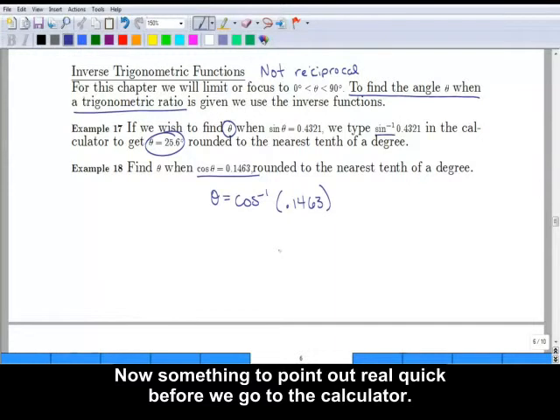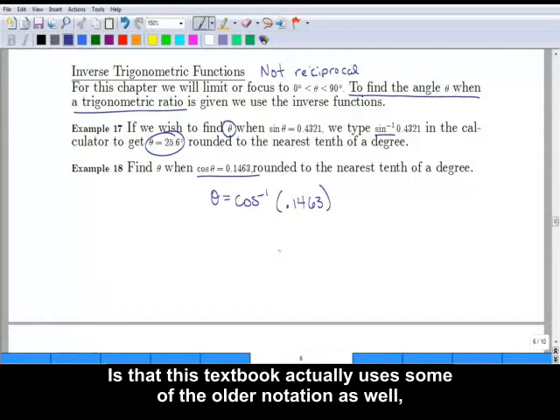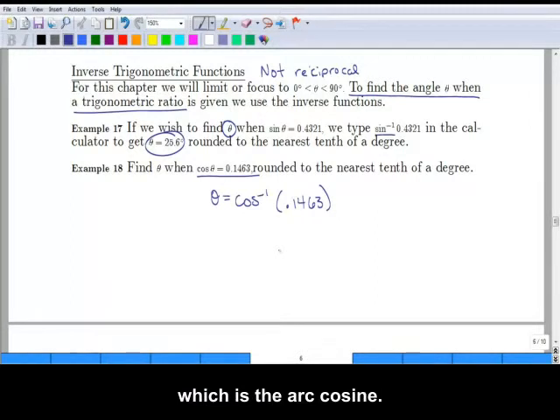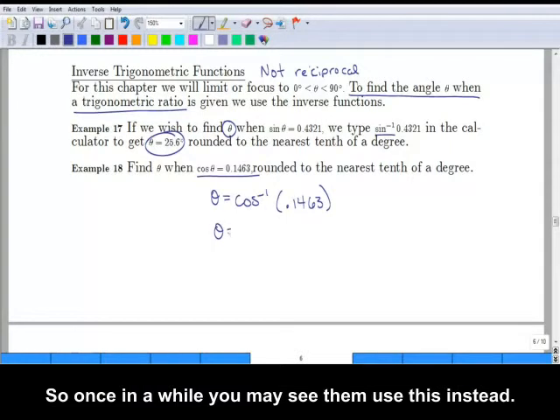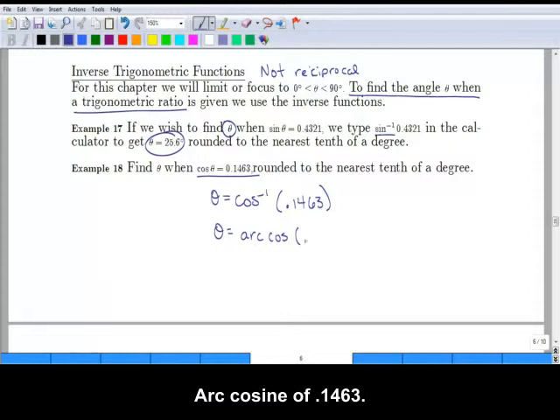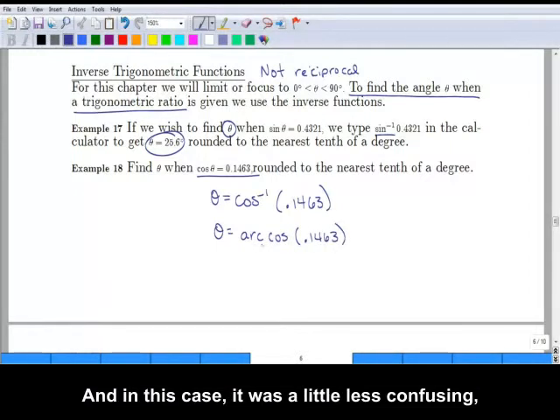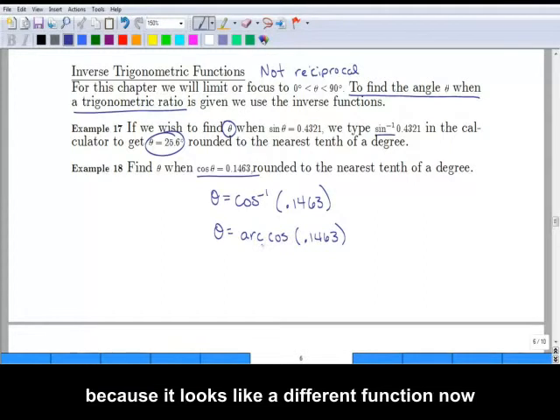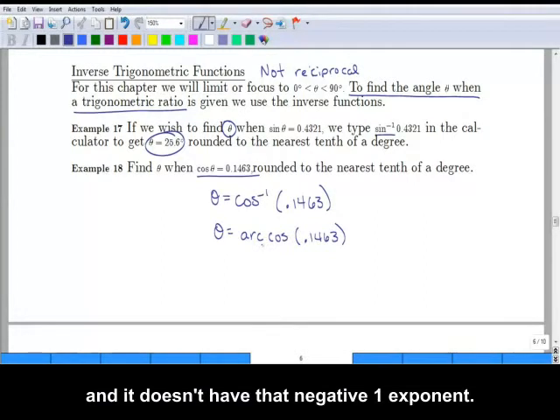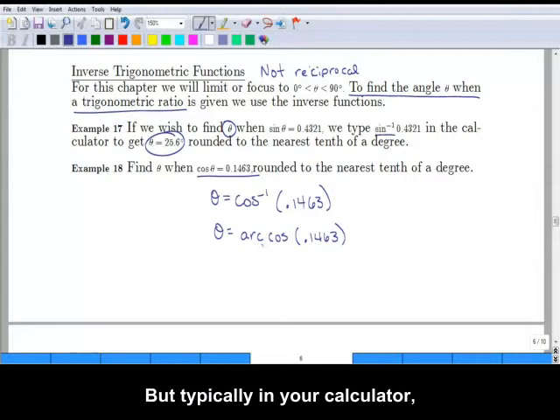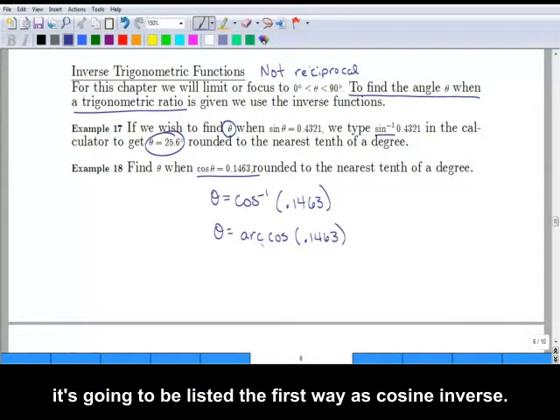Now something to point out real quick before we go to the calculator is that this textbook actually uses some of the older notation as well, which is the arc cosine. So once in a while you may see them use this instead, arc cosine of 0.1463. And in this case it was a little less confusing because it looks like a different function now and it doesn't have that -1 exponent. But typically in your calculator it's going to be listed the first way as cosine inverse.